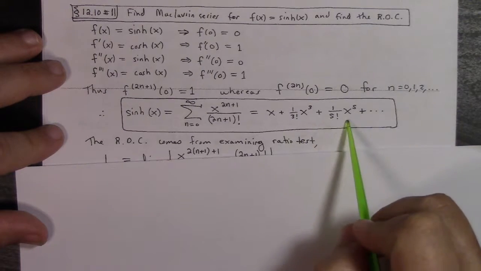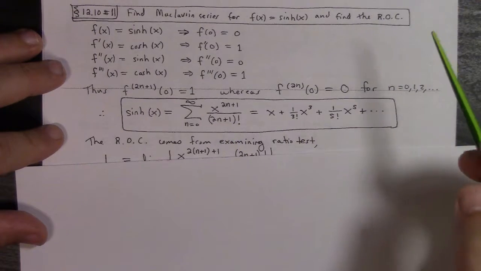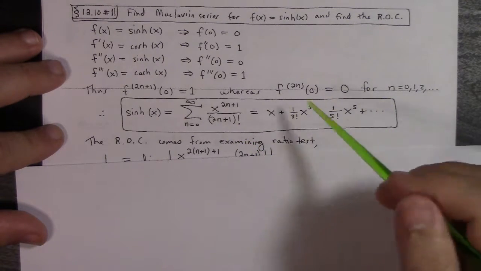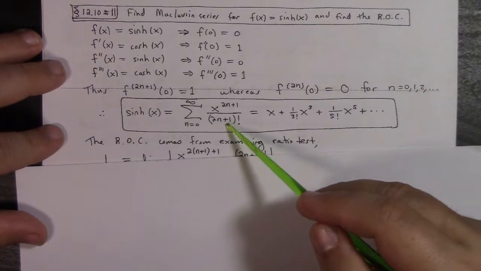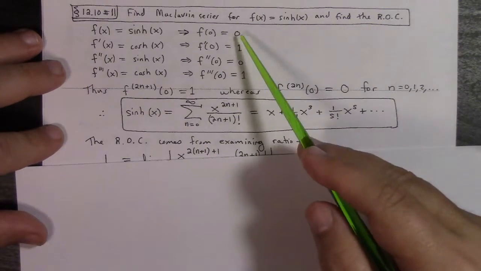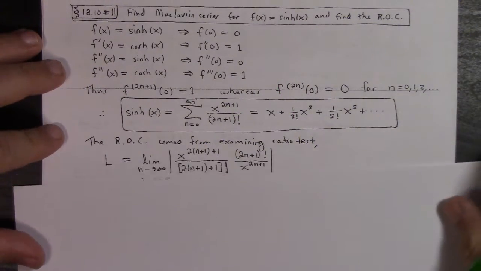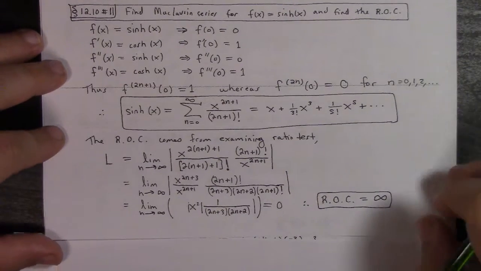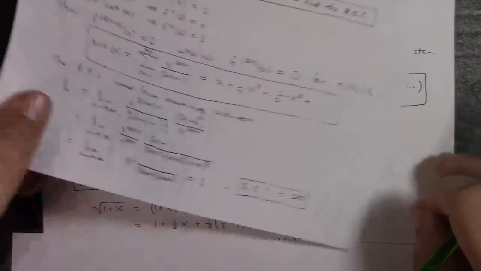And of course the factorials are, in this case, (2n plus 1) factorial, because we only have the odd. I'm putting 2n plus 1 here to make sure that the output is odd, right, because we don't want the even ones. Anyway, again, the radius of convergence can be seen to be infinity from the ratio test.